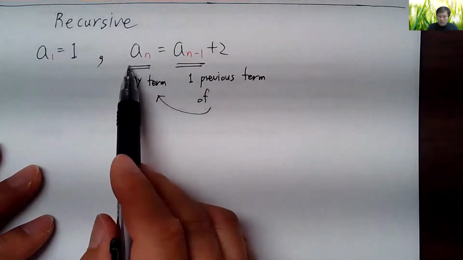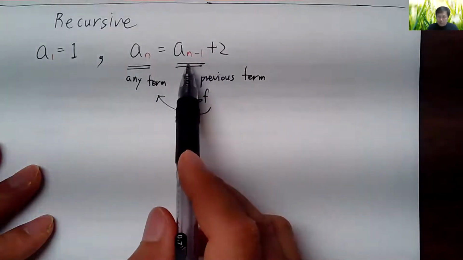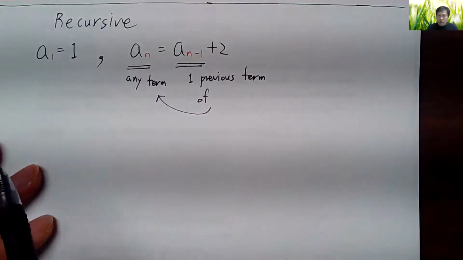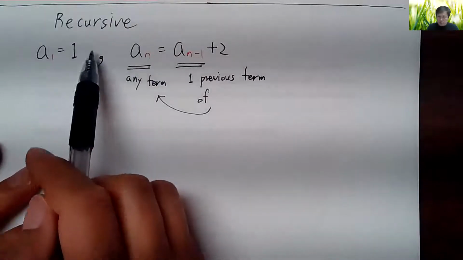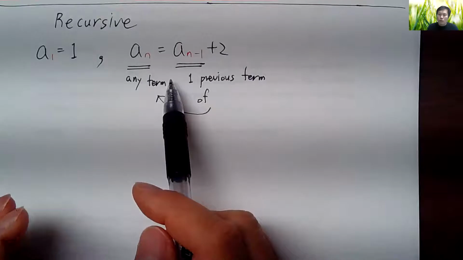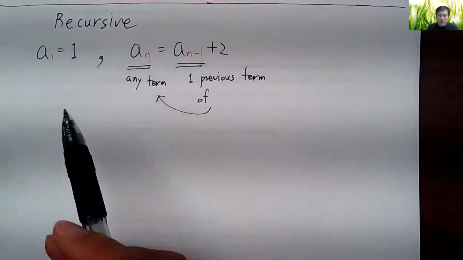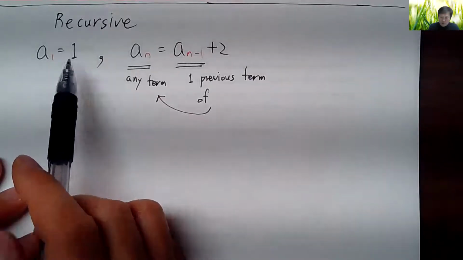So any term is equal to whatever previous term that is, you add by 2. And that's why you need to have where to start, because this relationship is based on what previous term is. So you have to start somewhere. That's why they give you a sub 1 is a first 1.